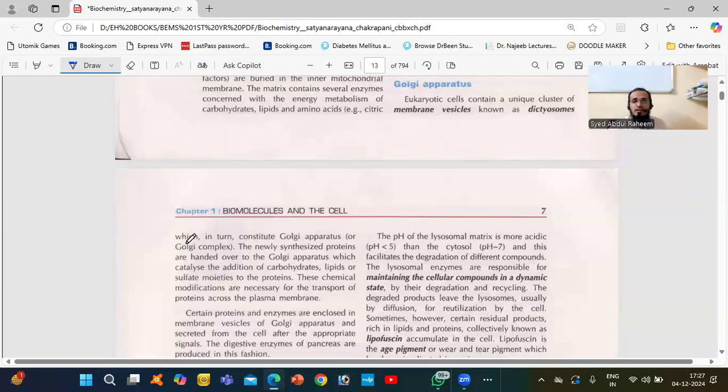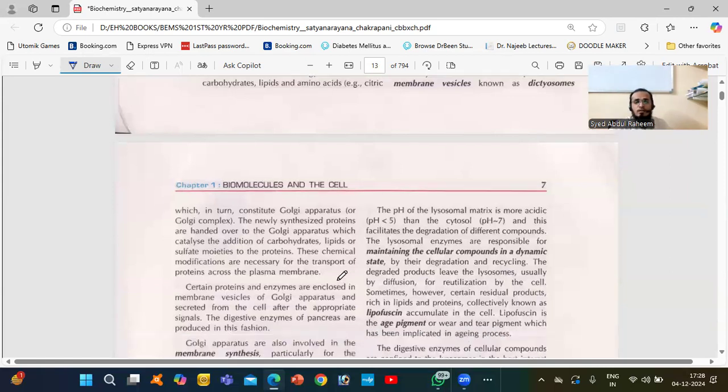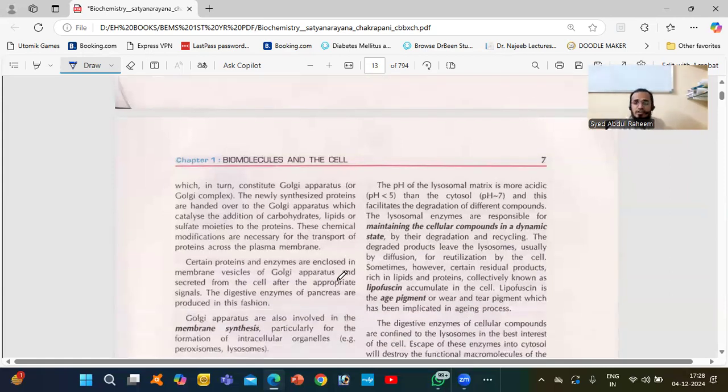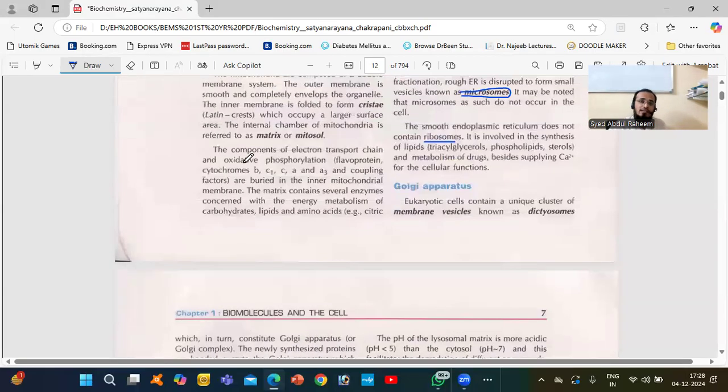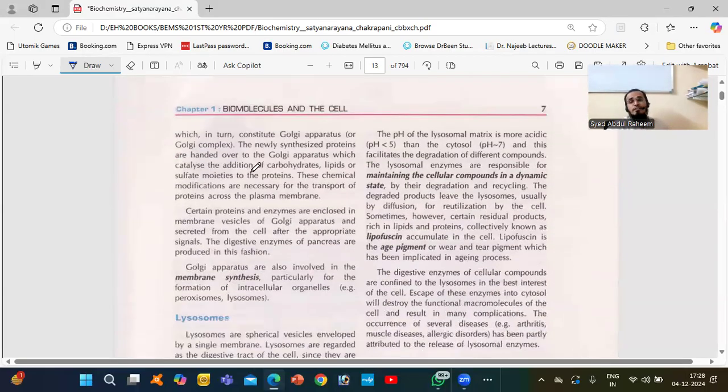It will catalyze and add carbohydrates, lipids, or any other things to those new proteins. So this is chemical modification. What we call the Golgi apparatus is a chemical modification factory. So this is the important thing we have to remember.